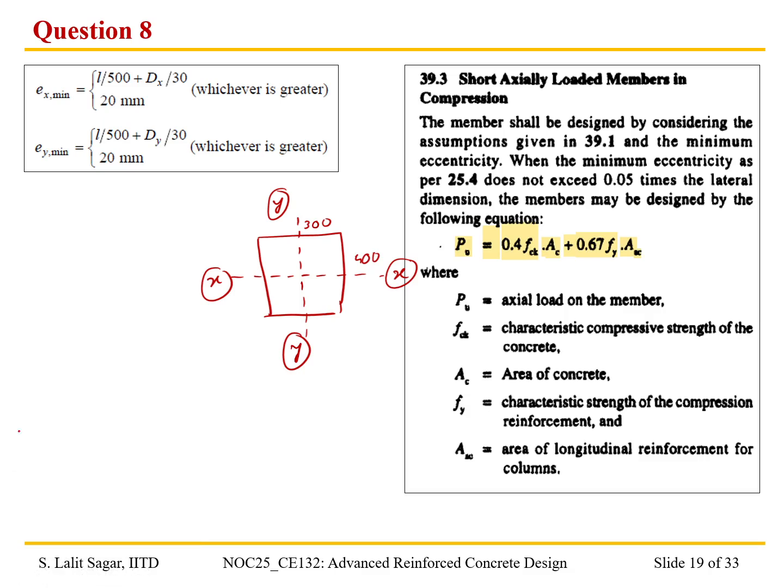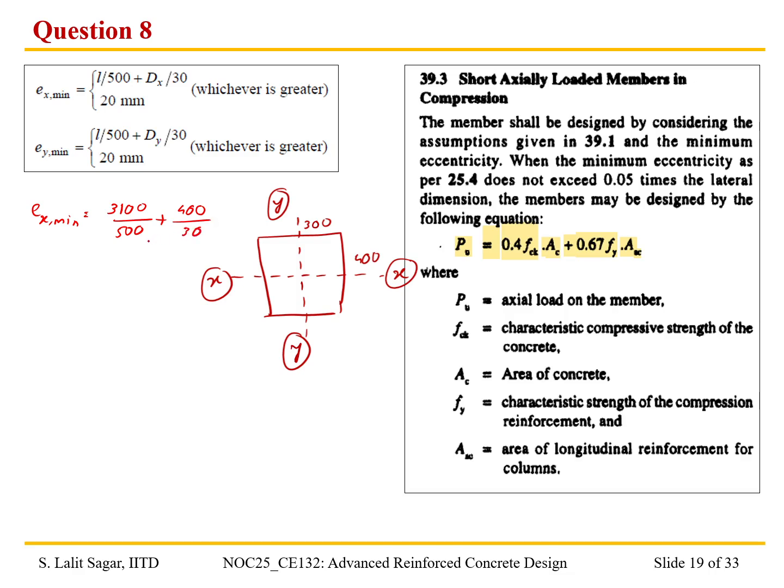So for the Ex min, that is the minimum eccentricity about the x-axis, let us calculate that value. Ex min is equal to the unsupported length about the x-axis, that is 3100 divided by 500, plus the depth about the x-axis, which means 400 millimeter, 400 divided by 30.